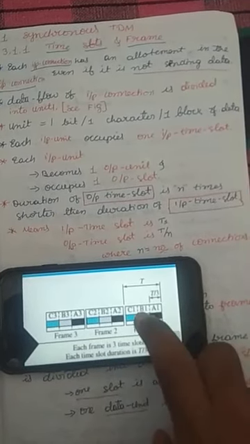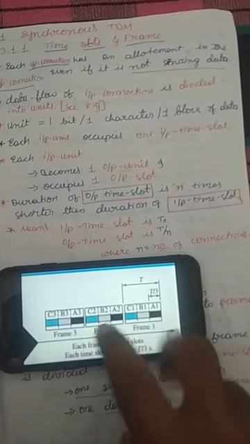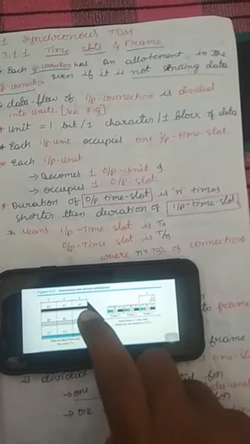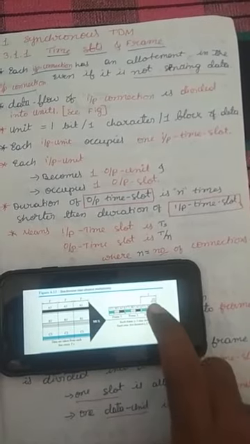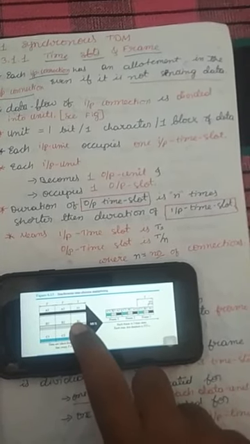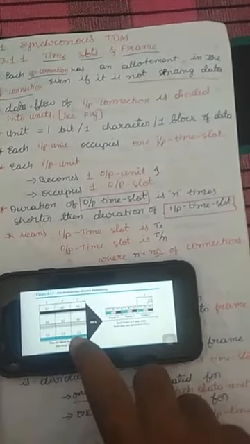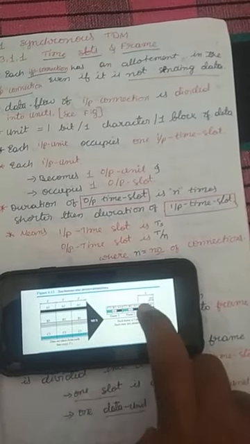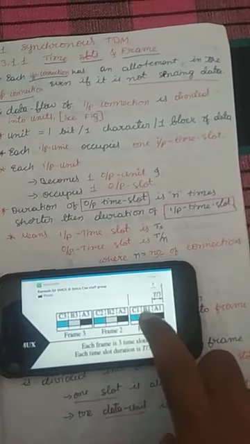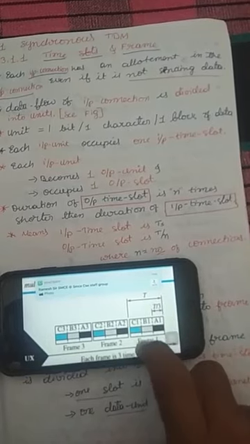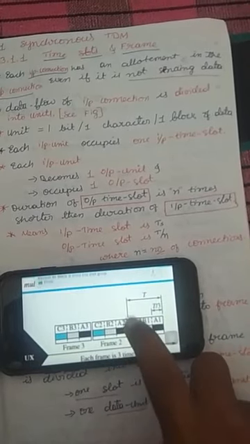A1 is one slot, B1 is one slot, C1 is one slot. It takes A1 from the first line, B1 from the second line, C1 from the third line. This is called one frame.